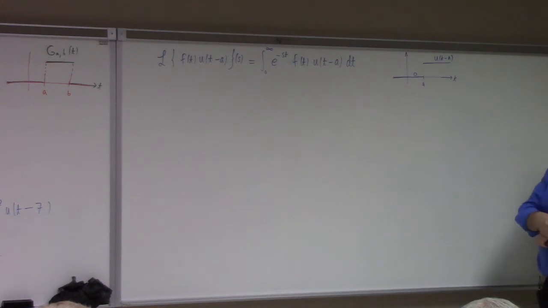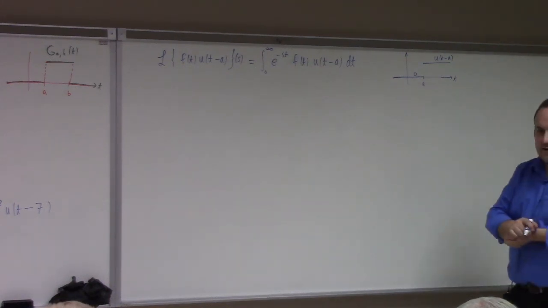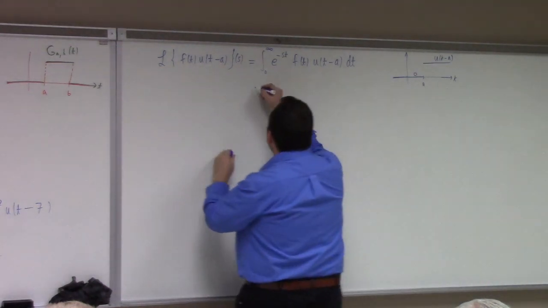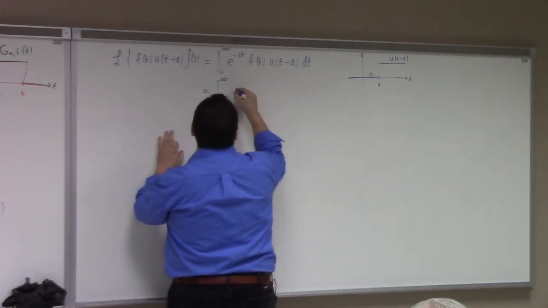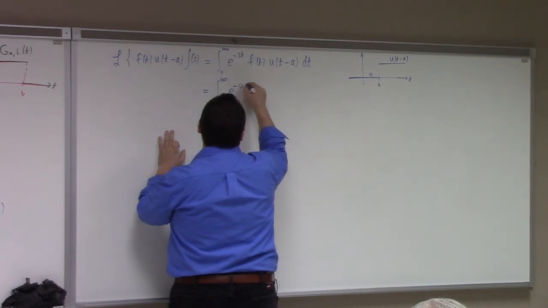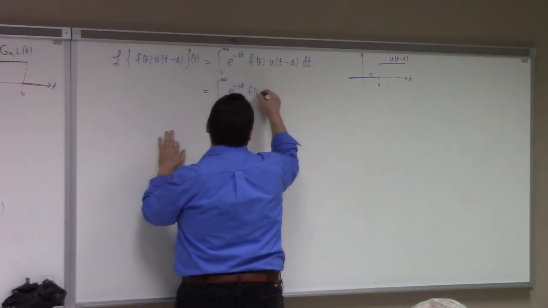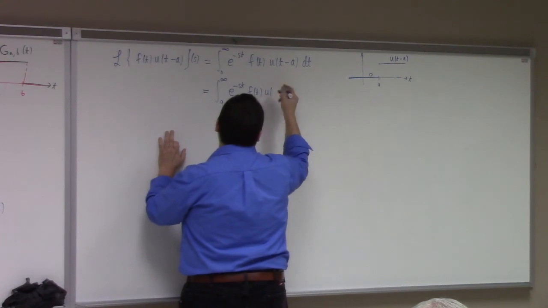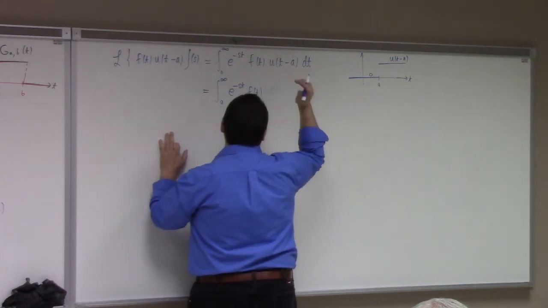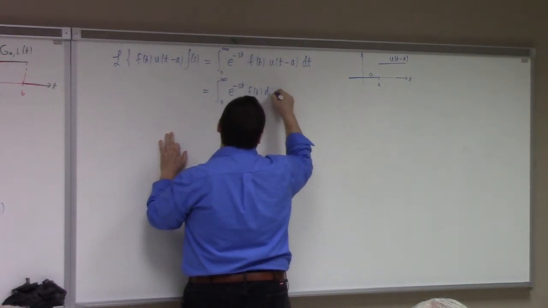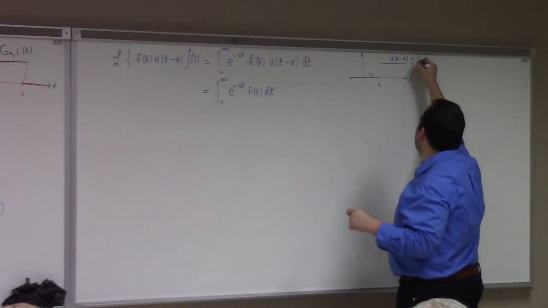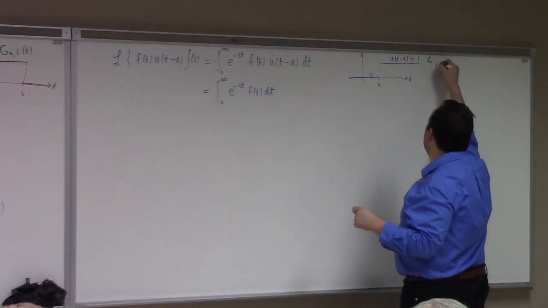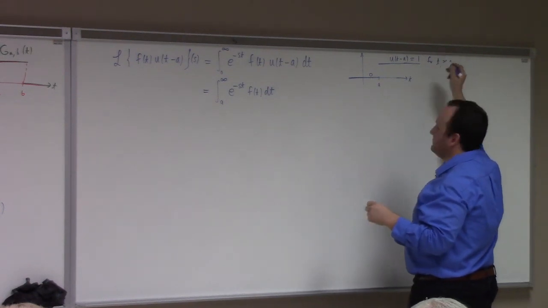We're integrating the 0 function all the way up till time a, right? So I can change the lower bound to a, and it doesn't lose anything. Oh, and I don't even need the u of t minus a after that point, do I? Because over here, it's equal to 1 for t greater than a.